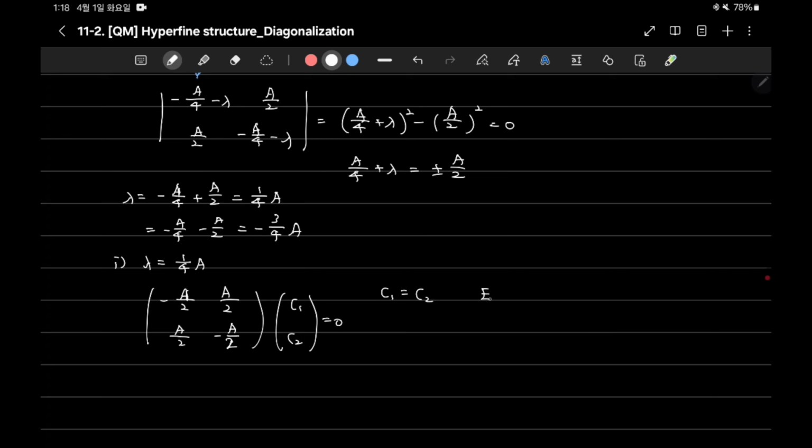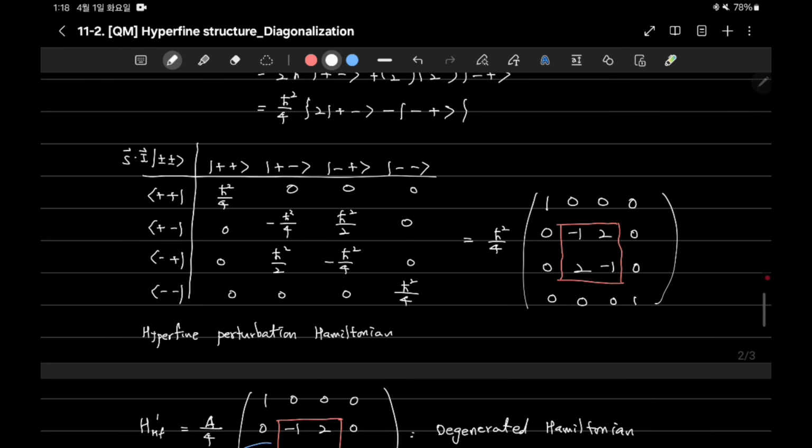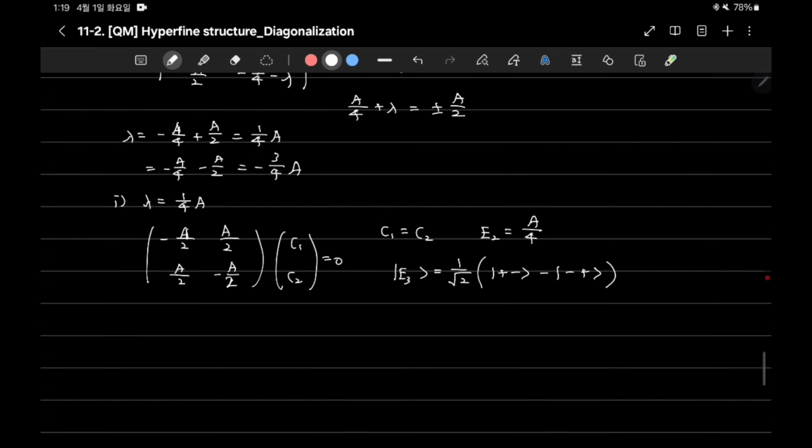Here in this energy, the second energy is quarter A. So the E3 state makes that one. This state corresponds to the plus minus, and this state corresponds to the minus plus. It is a linear combination. So plus minus and minus plus linear combination.